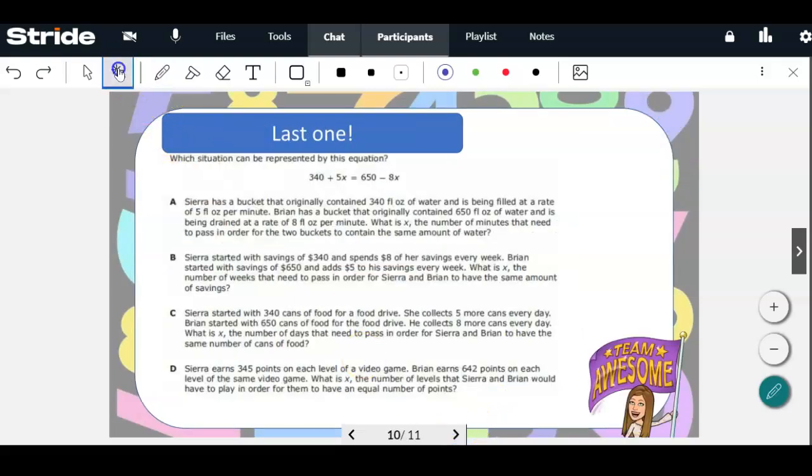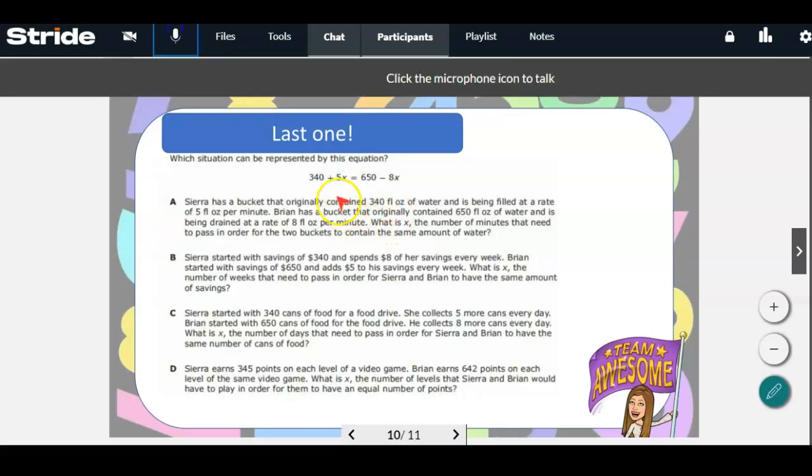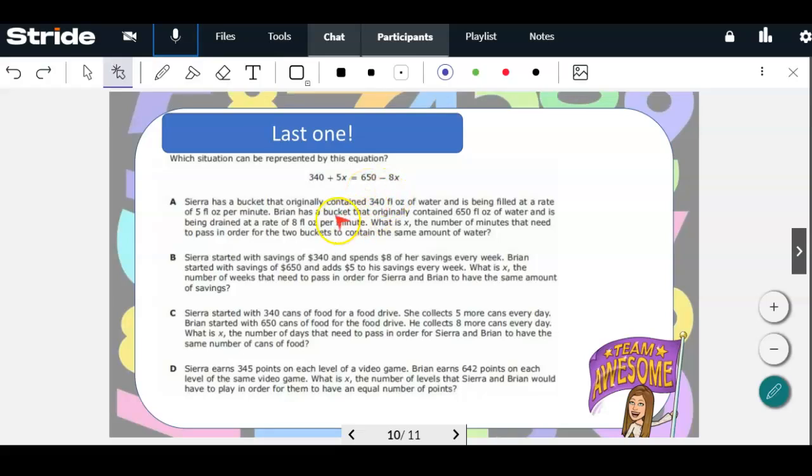All right, so let's look at the next one. So here's our equation. 340 plus 5x is equal to 650 minus 8x. So Sierra has a bucket that originally contained 340 fluid ounces of water and is being filled at a rate of 5 fluid ounces per minute.